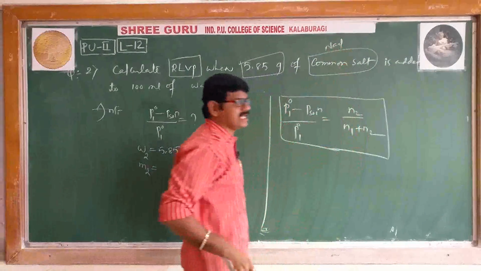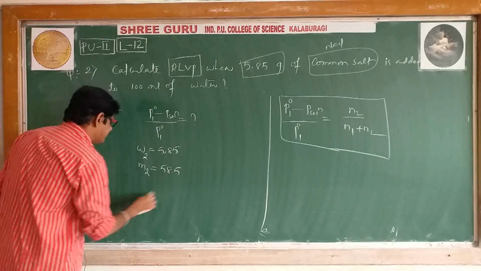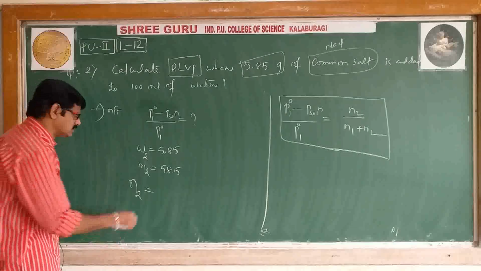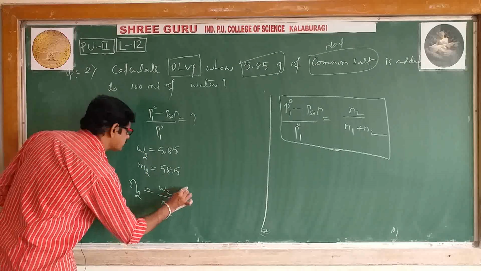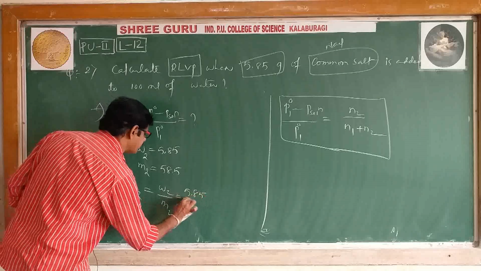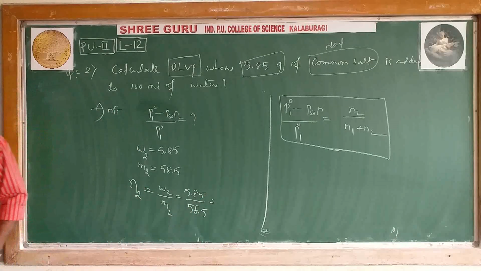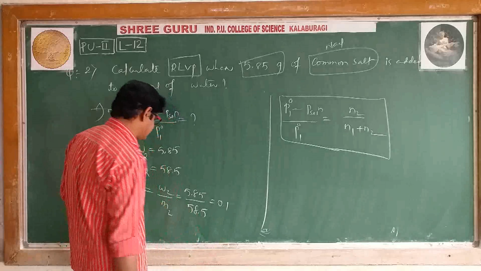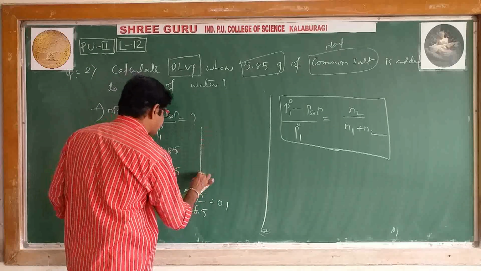Sodium is 23, chlorine 35.5, total 58.5. Immediately we will find n2, moles of solute, that is mass by molar mass. W2 by M2 is equal to 5.85 divided by 58.5. If you do that, you will get 0.1. Next, what we are doing, n1 also we are calculating now.